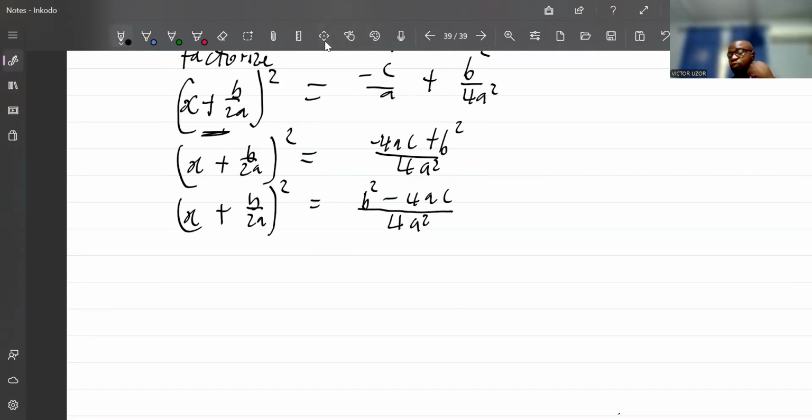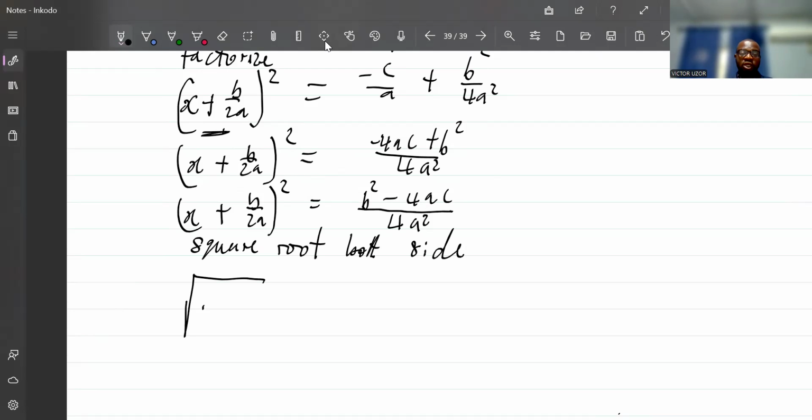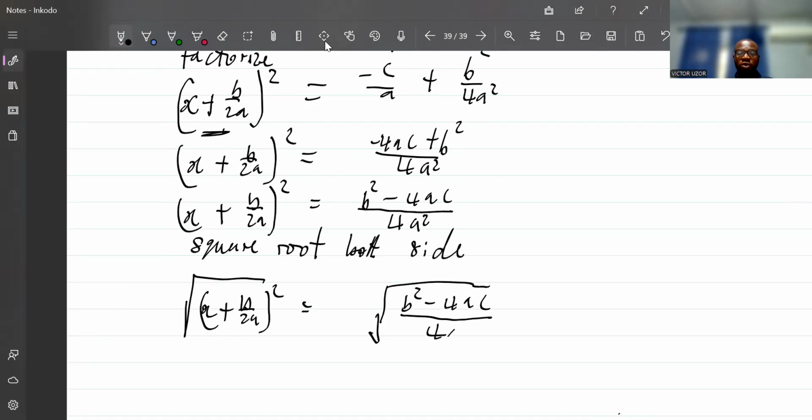I want to remove the square at the left-hand side. When you square root both sides, you are going to have both positive and negative signs. So I will have the square root of x plus b over 2a all squared equals the square root of b squared minus 4ac all over 4a squared, plus or minus.